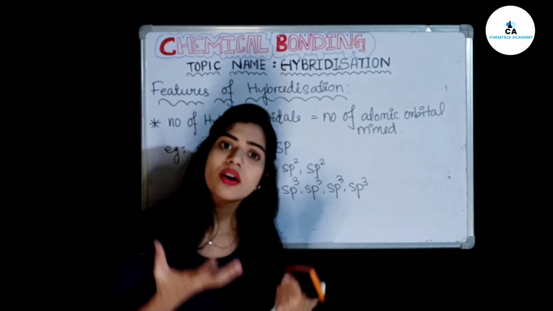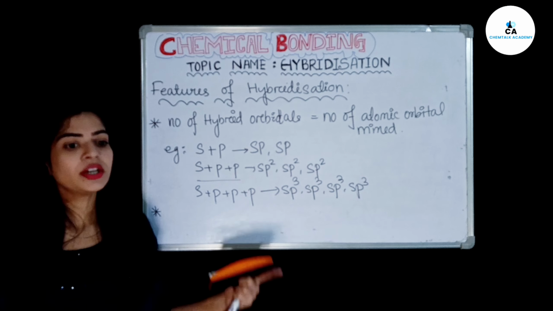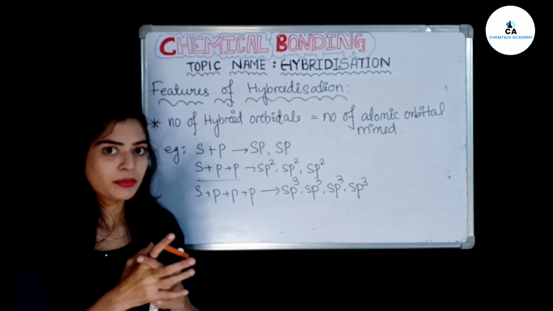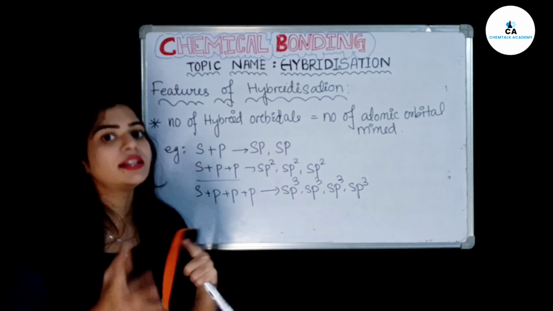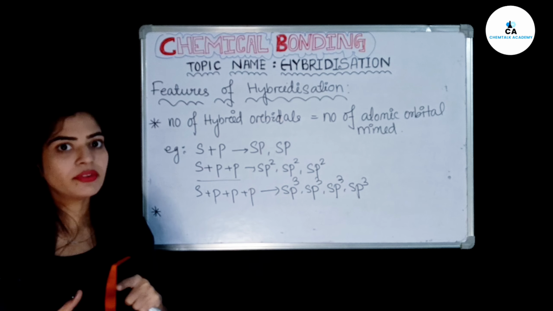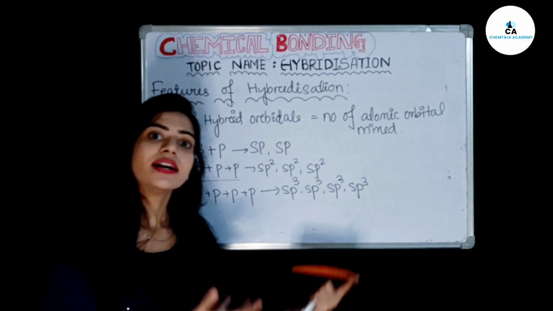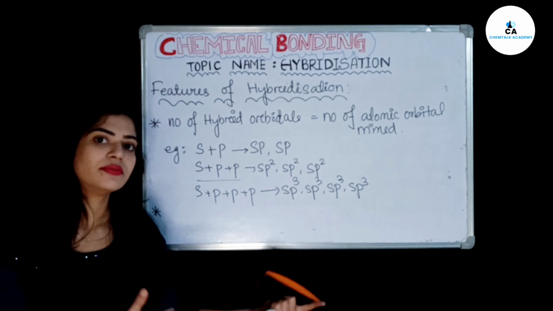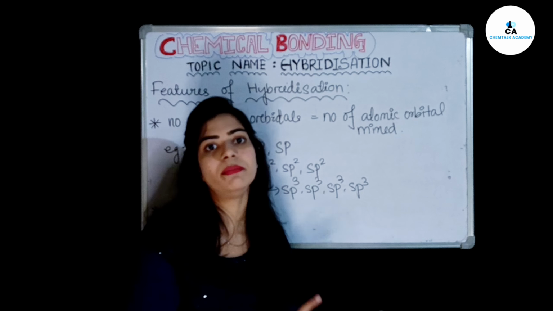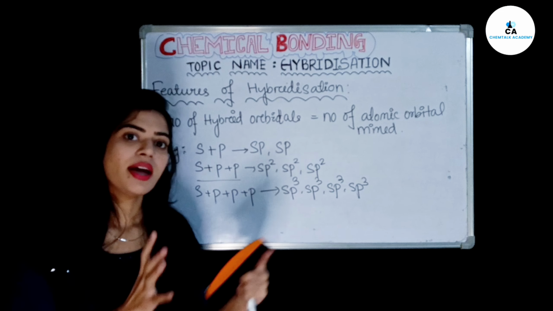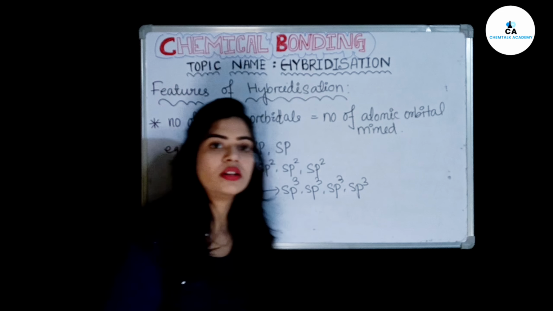Because the hybridization concept is that you intermix atomic orbitals which have nearly equal energy in order to get a set of new hybrid orbitals whose energy will be equal, shape will be identical, and size will also be the same.